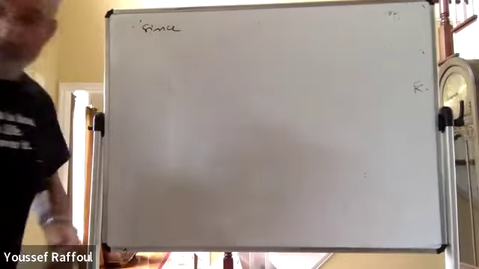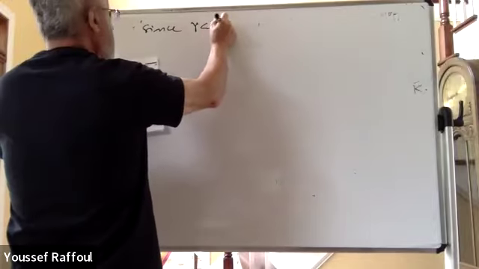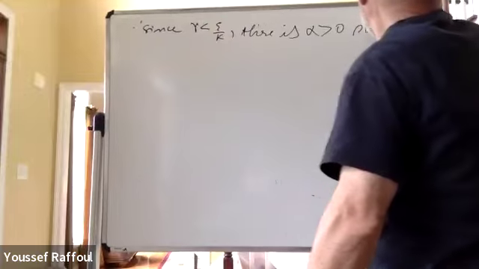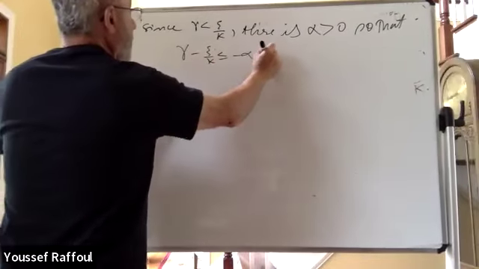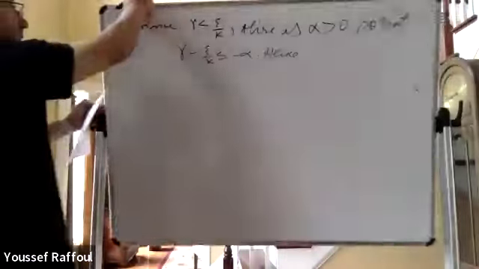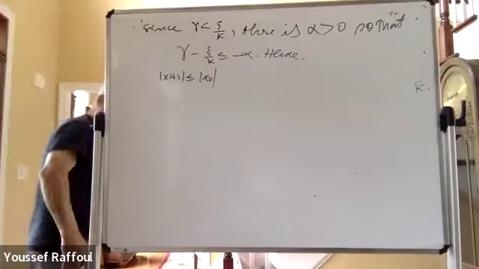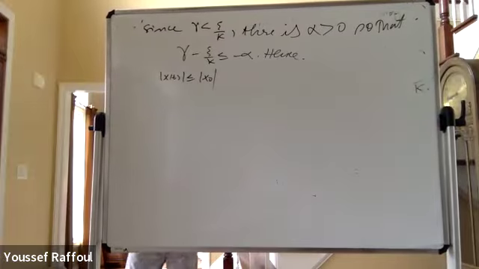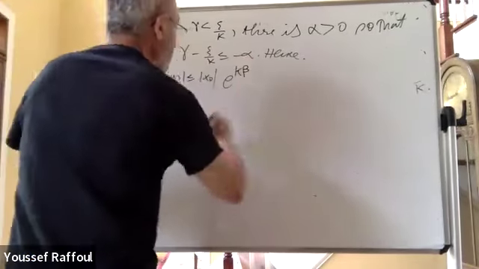Since gamma less than psi over k, there is an alpha positive, so that, hence from here x of t less or equal to x naught e to the k beta times.